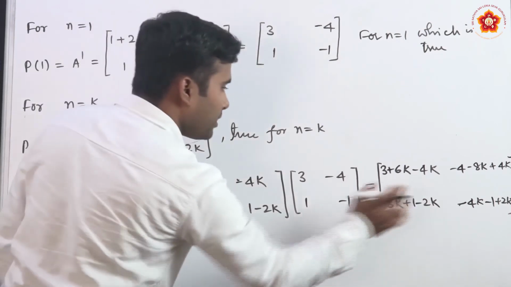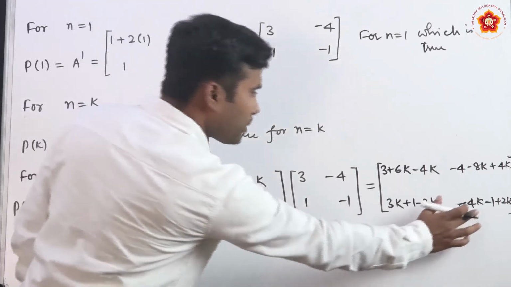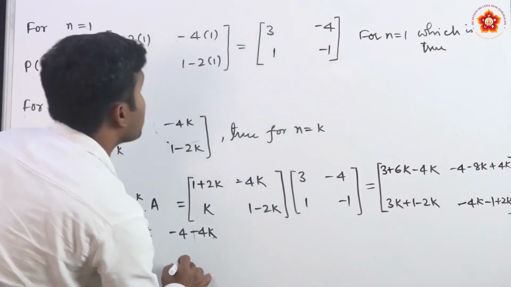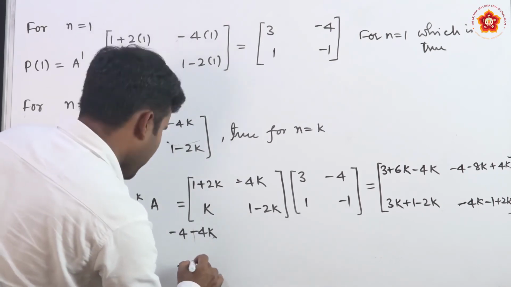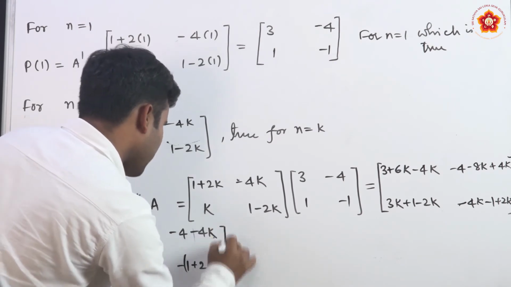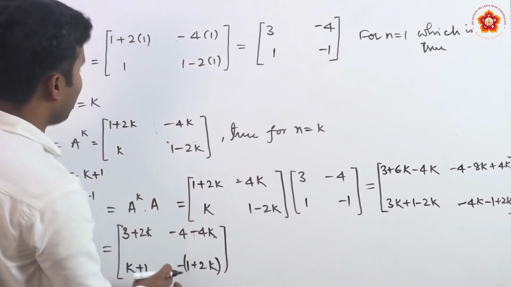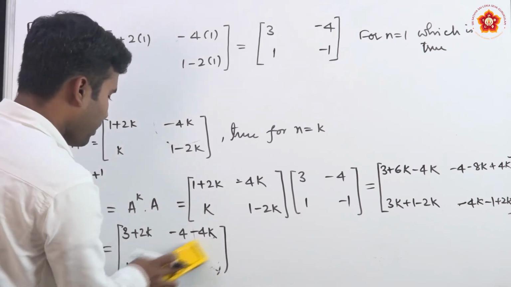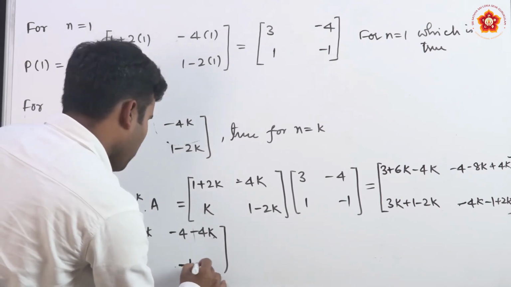See, 3 minus 2k and plus 1 is here, and this one is minus 1 minus 2k, and this can be written as minus of this, 1 plus 2k. And see this, I can rewrite this: minus 1 minus 2k.